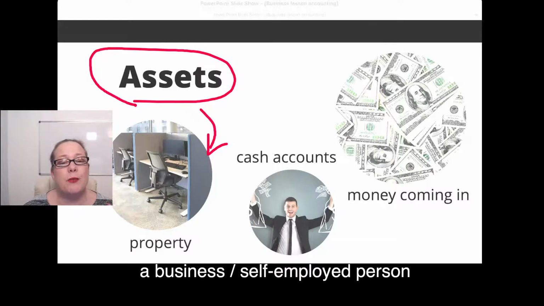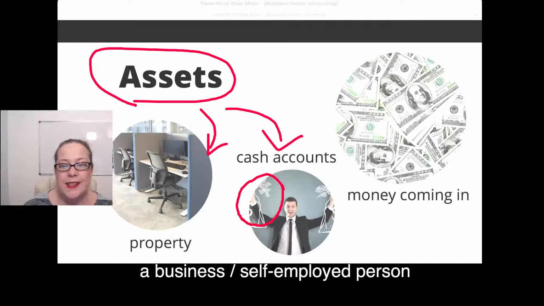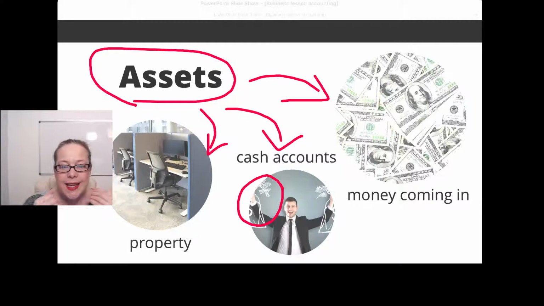So it looks at the property that you own. It looks at your cash accounts, so how much money your business has, and it also looks at the amount of money coming in to your business.